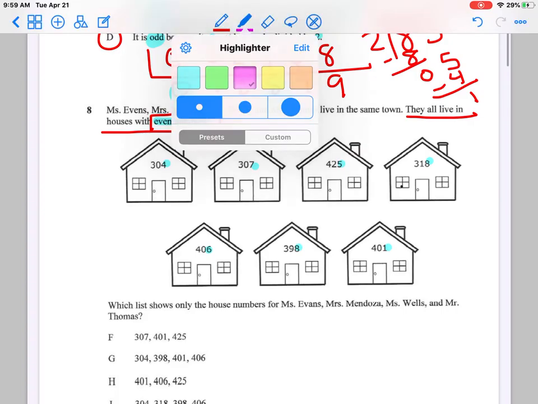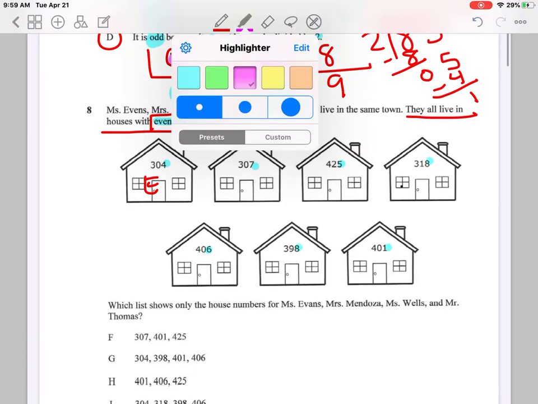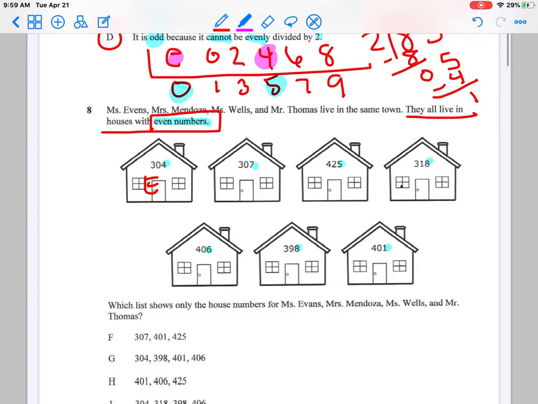Let me use a different color highlighter. I go to my Leo, and number 4 is even. Number 7, I find it on my Leo, and number 7 is odd.